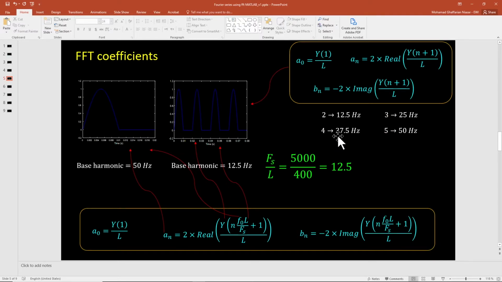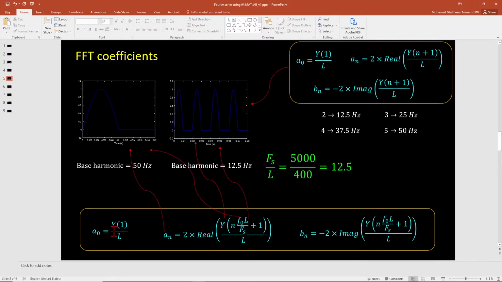Y4 is related to 37.5, and Y5 is related to 50 hertz. So actually Y5 of the FFT of this waveform corresponds to A1 and B1 of the Fourier series of this waveform. So if you calculate the FFT of this and you want to get coefficients of the Fourier series of this original one, we have to actually use this formula.